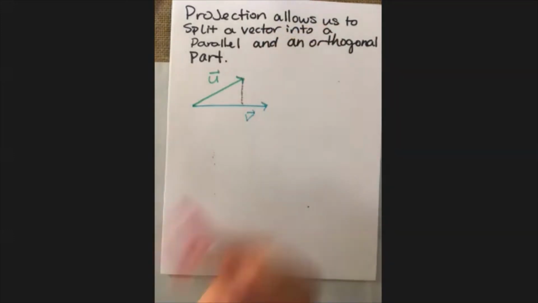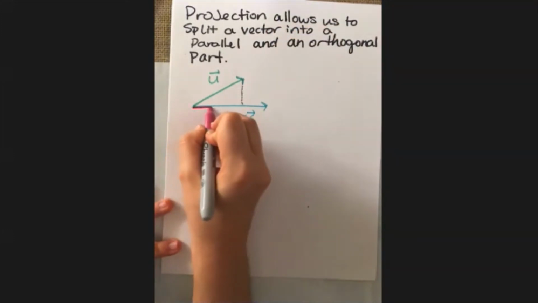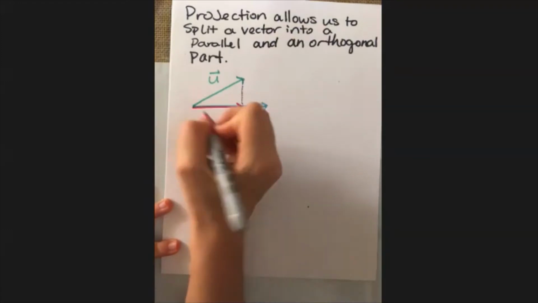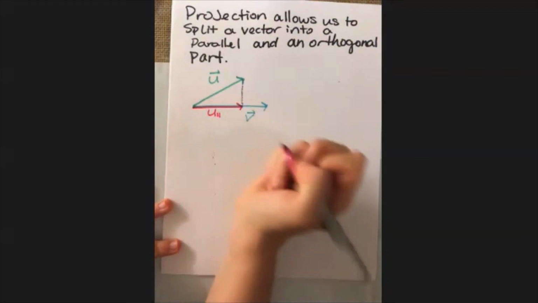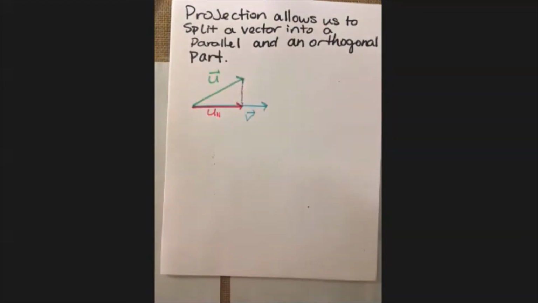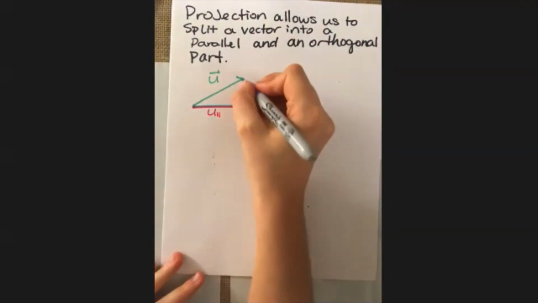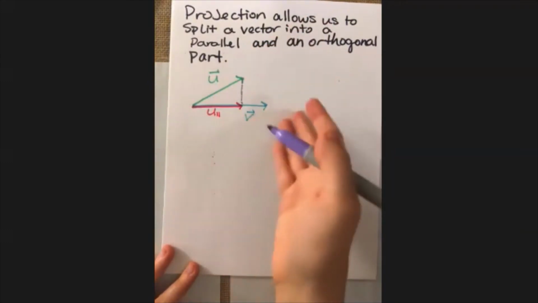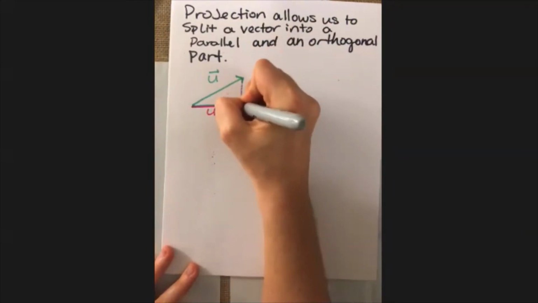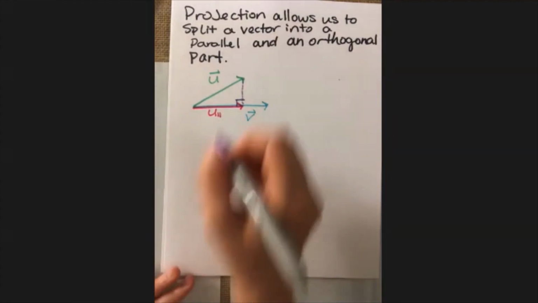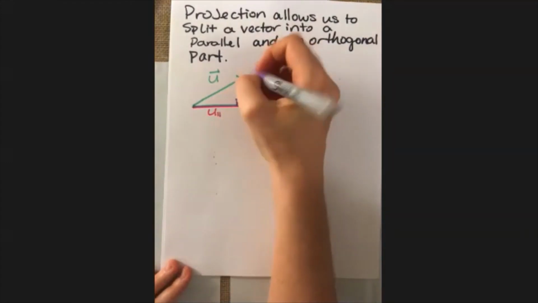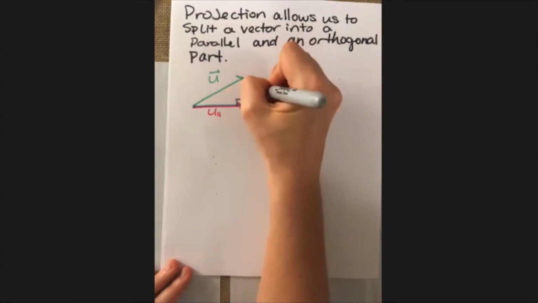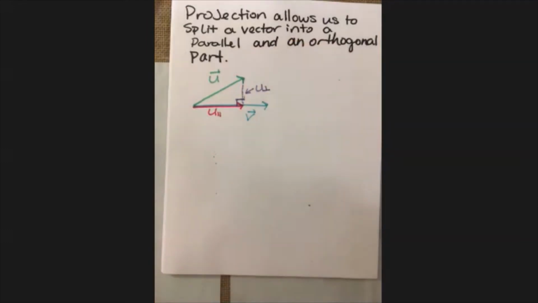And then it has the horizontal component here that is actually the projection. I'm going to call this u with the little parallel bars there. And notice that since this is vertical and this is horizontal with respect to v, this angle right here is a right angle. So we then consider this to be our orthogonal part.